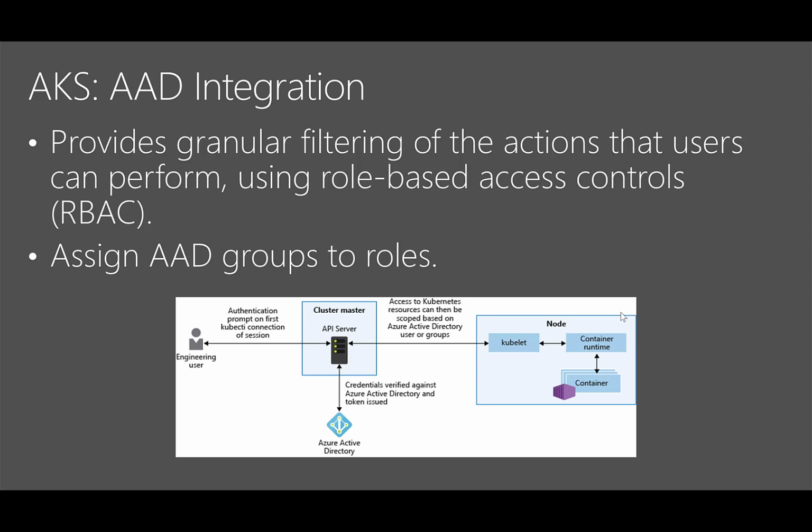On first Kubernetes control connection of the user, it is prompted for authentication, and it has to use its Azure Active Directory credentials to log in into the cluster and to be able to access the resources that are available for that user. Okay, so this is really interesting.